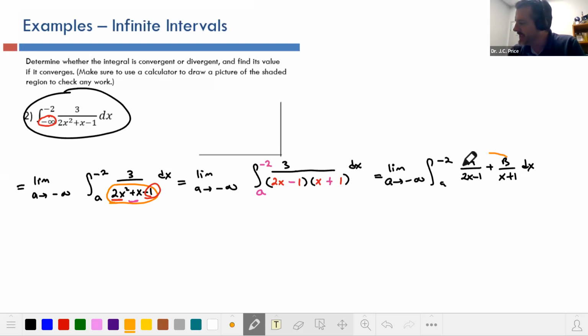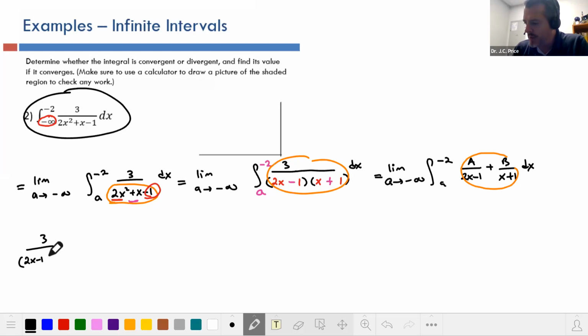I'm going to take this and set it equal to this guy over here. So I have 3 divided by 2x minus 1 times x plus 1, set equal to A over 2x minus 1 plus B over x plus 1.